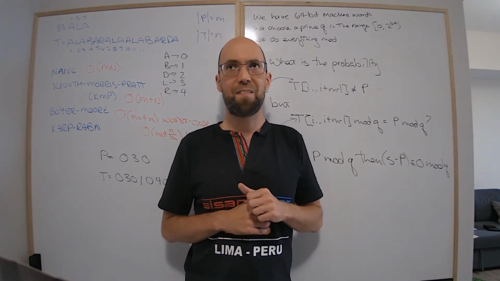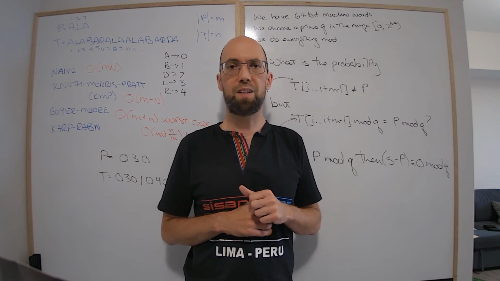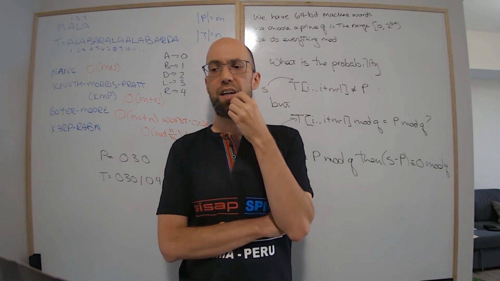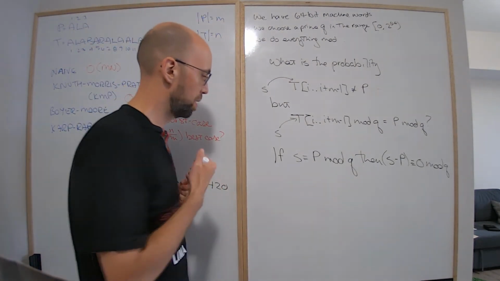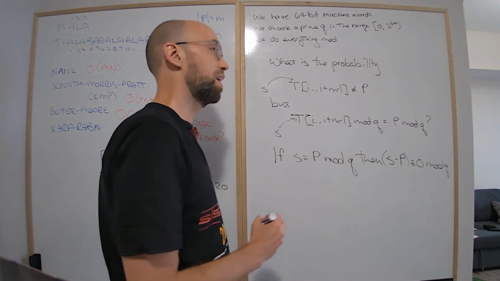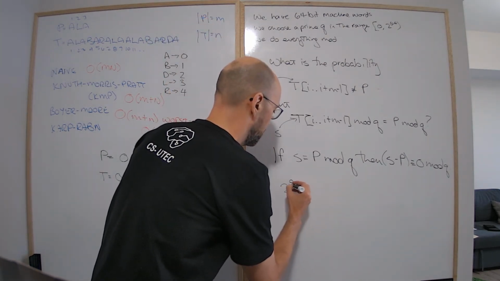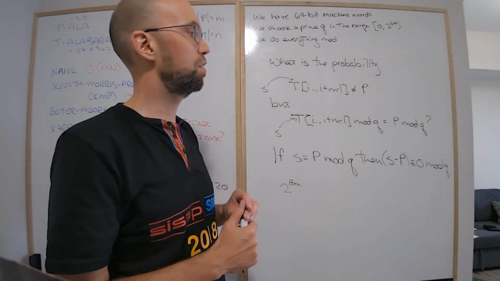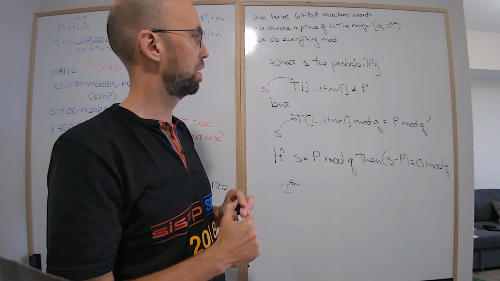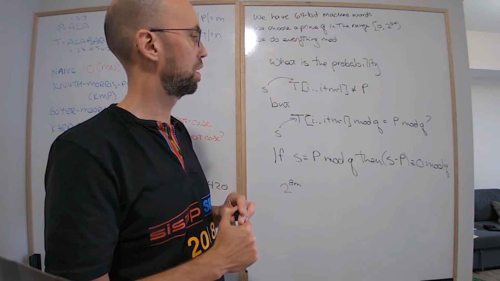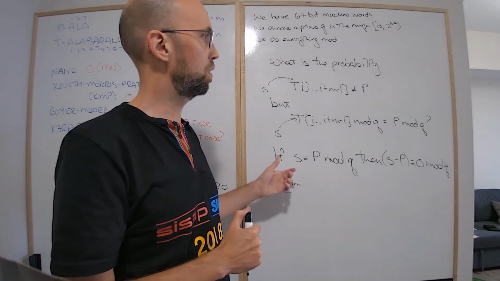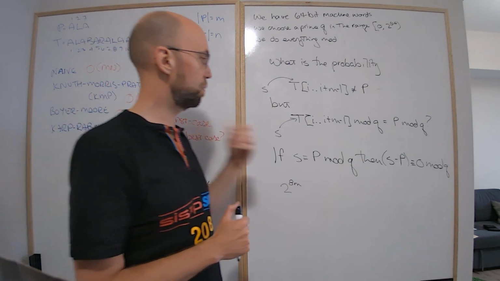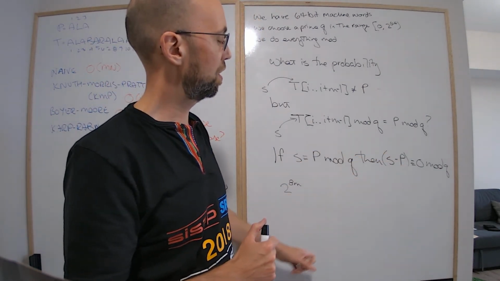Well, not that big. Even if we're working in ASCII, S is going to be at most 2 to the 8m.